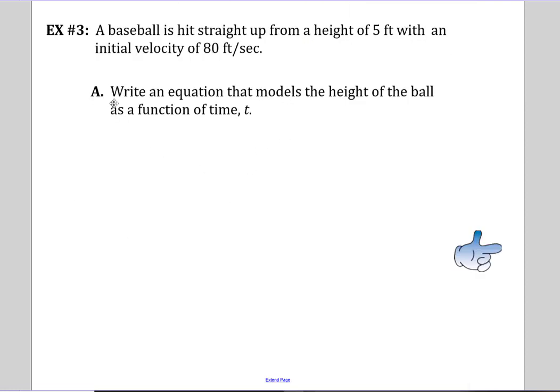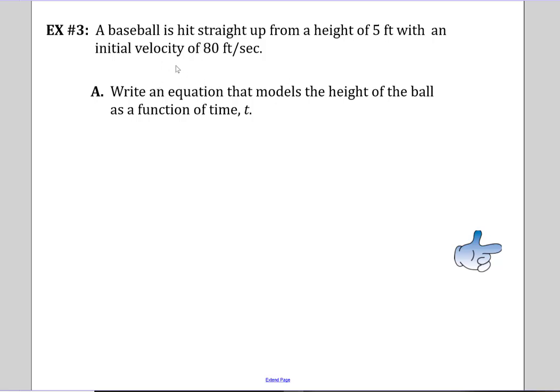Example 3, let's say a baseball is hit straight up from a height of 5 feet with an initial velocity of 80 feet per second. We want to write an equation that models the height of the ball as a function of time.